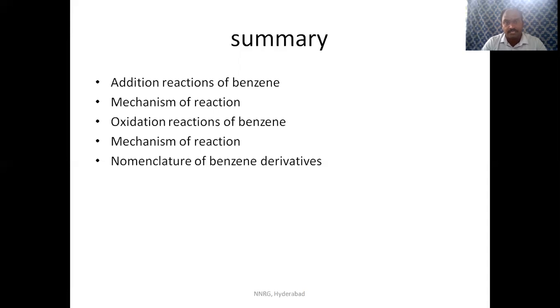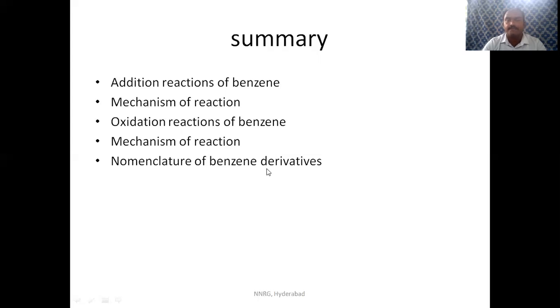It undergoes oxidation reactions also, giving rise to glyoxal or maleic anhydride. The addition reaction follows a free radical mechanism. In the oxidation reaction, when it is reacted with ozone, it forms glyoxal. When it undergoes vapor phase oxidation in the presence of a catalyst, it gives rise to maleic anhydride.